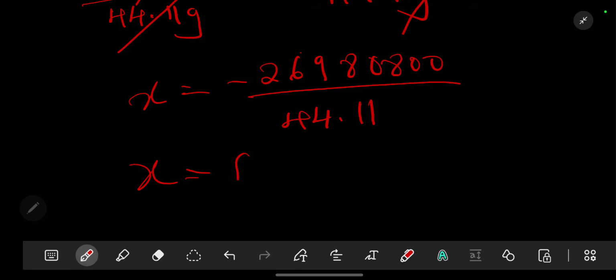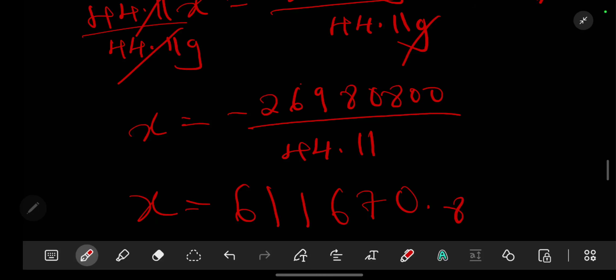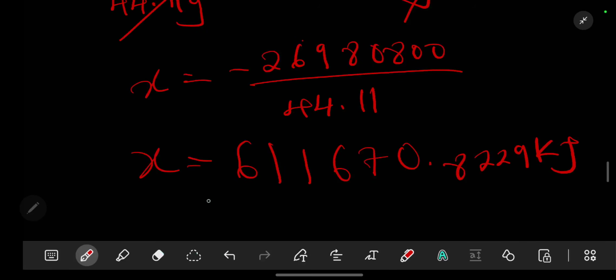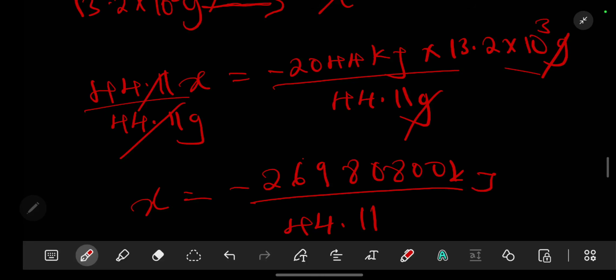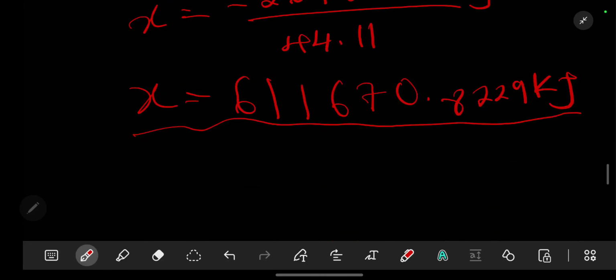This gives us a value of negative 611,670.8229 kilojoules. So this is how you find the change in enthalpy. It's as easy as that. So that is how you find for that one.